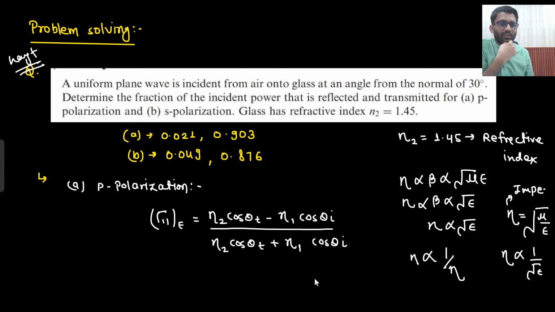Is that clear to you? Are you getting this point? I just need to find the relation between the refractive index they have given and the intrinsic impedance, because here I need to put intrinsic impedance. This is eta, this is not n.